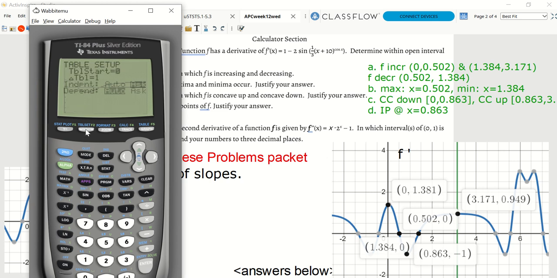So go back to graph, and you know the x coordinate is 0, so just go 0. Where is it?